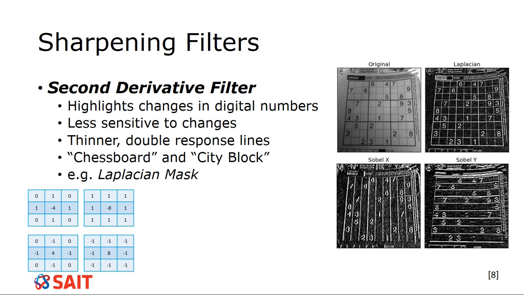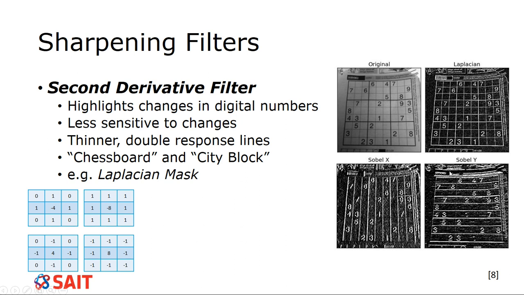It does create thinner lines, and it does cause double responses, which means double lines at times. So if you look really carefully at these images, especially this one here, you might see 2 lines.